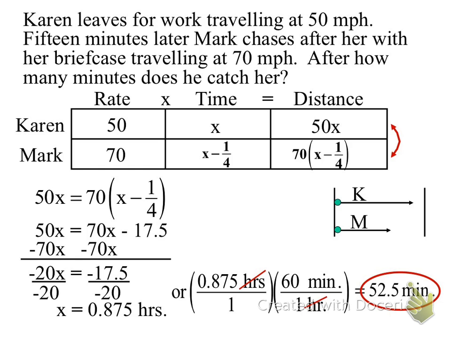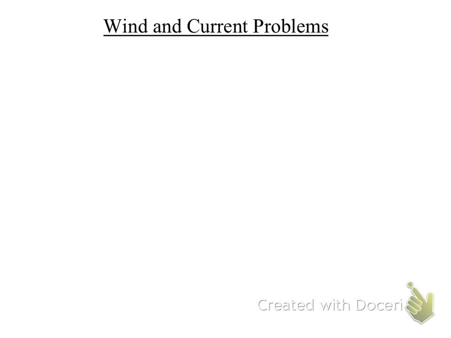Okay, wind and current problems. When I'm in a river and I'm swimming down the river, what does the water do to me? It pushes you faster. Okay, so that means you have, or let's say a boat.